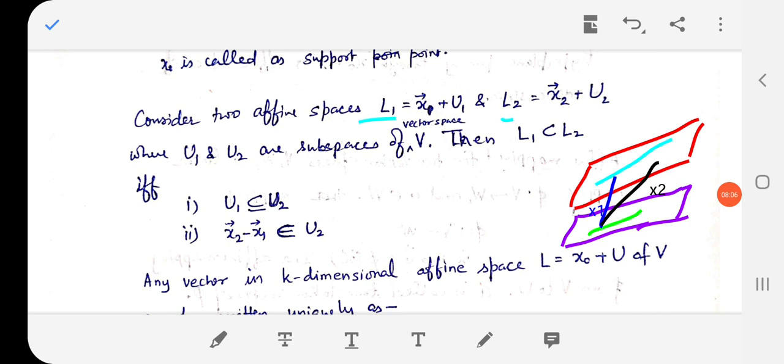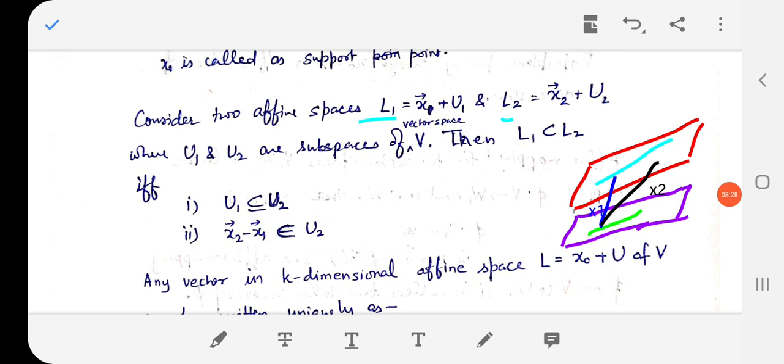Their corresponding affine spaces may intersect, but they cannot be completely inside each other if the subspaces are not subsets of each other, right? So that is one thing.